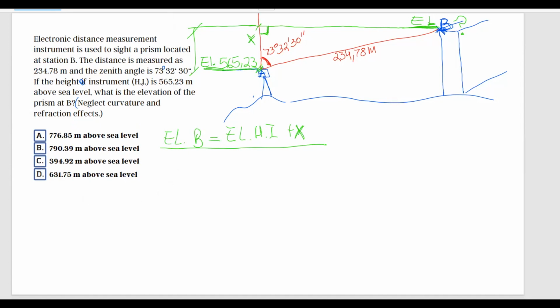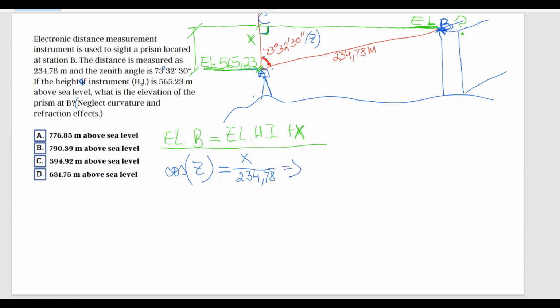In this right triangle A, B, I'm going to call this C. I know the angle and I know the distance, the hypotenuse. I can use the cosine and calculate for x. If I apply cosine of the zenith angle, which I'm going to call z, this is going to be equal to x divided by 234.78.